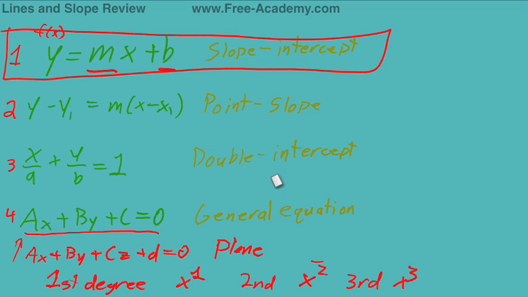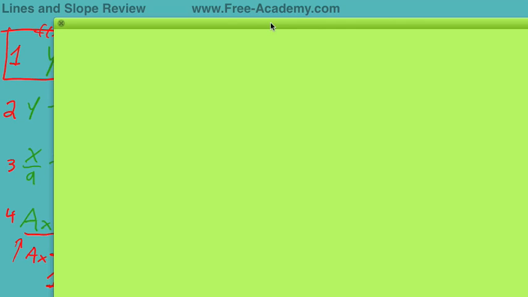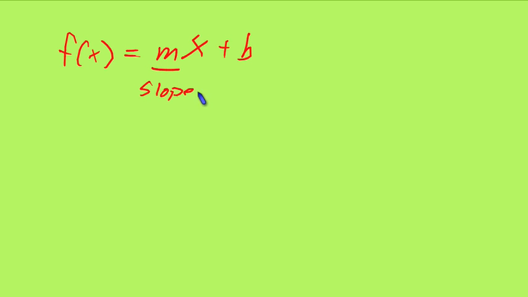I'm going to bring up a new note here, even though I really like the color of the old one. And let me rewrite this as f of x equals mx plus b, with m being the slope. The slope is a surprisingly important topic in calculus.